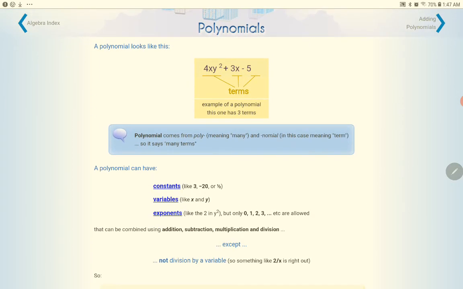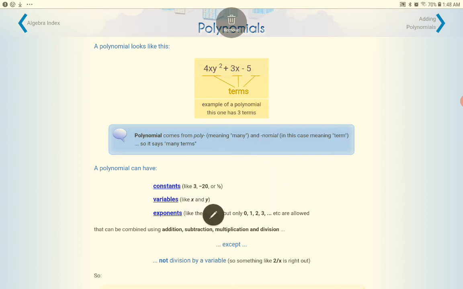So some rules that qualify for a polynomial. A polynomial can have constants like 3, -20, 1/2. This one has a constant of -5. It can have variables like x, y. You can have 4, 5, 3, as many variables as you want. This one has 2 variables, an x and a y.